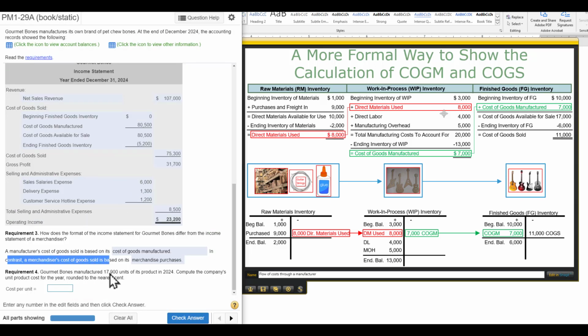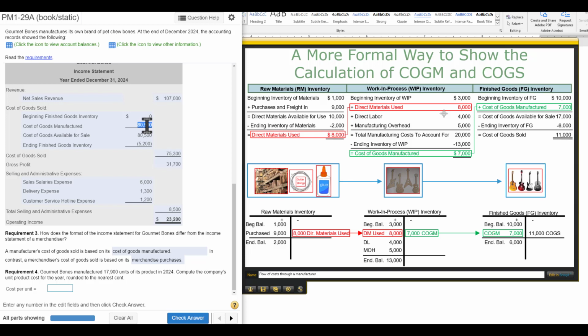Gourmet Bones manufactured 17,900 units of its product in 2024. Compute the company's unit costs for the year, rounded to the nearest cent. So what they're asking us to do is to take the cost of goods manufactured. So of all the pet chew bones that we manufactured this year, they cost us $80,500.